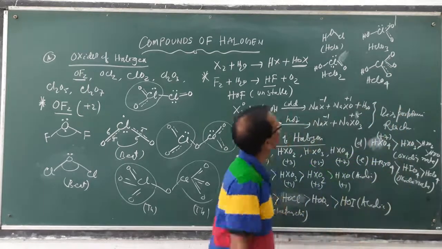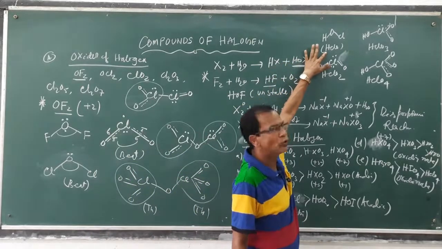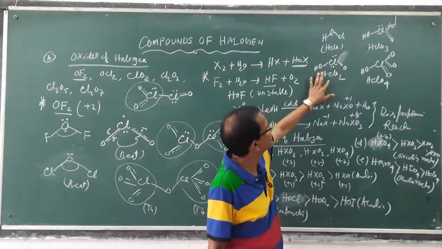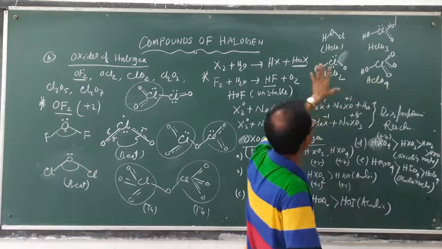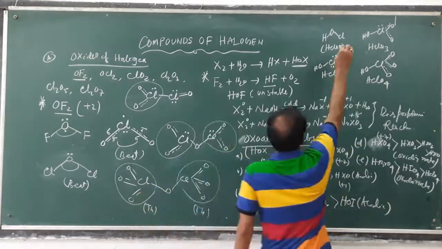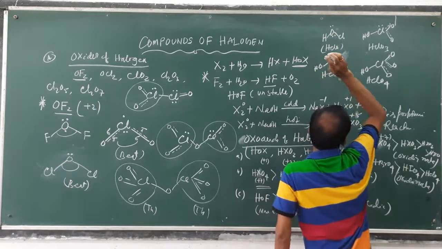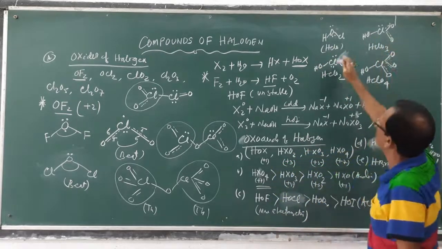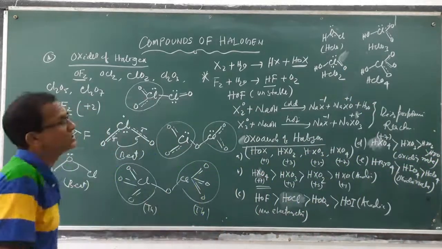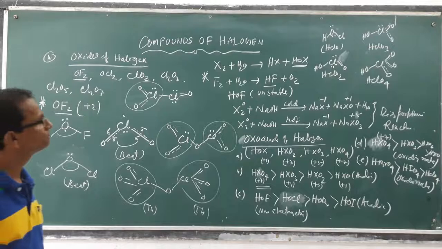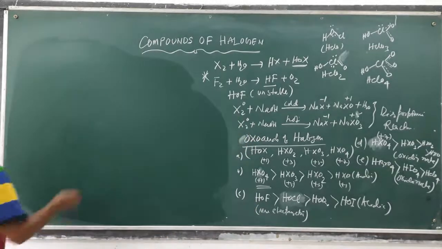These are the structures of hypochlorous acid, chlorous acid, chloric acid and perchloric acid. Here 2 lone pairs remain, then 1 lone pair, then no lone pair. This is the structure of the different oxoacids. Then next we will discuss interhalogen compounds.